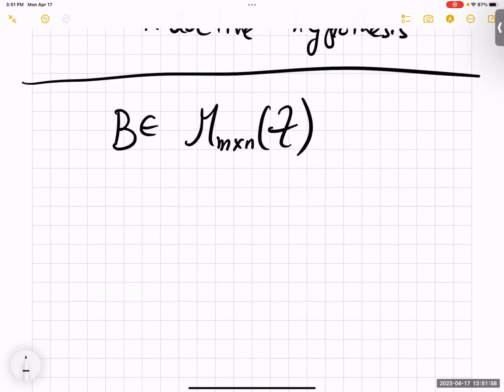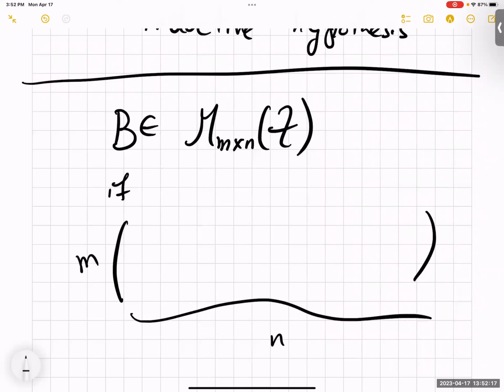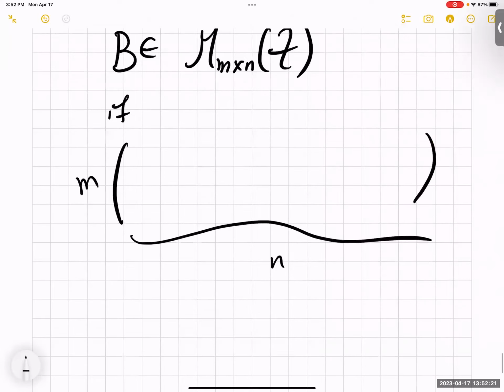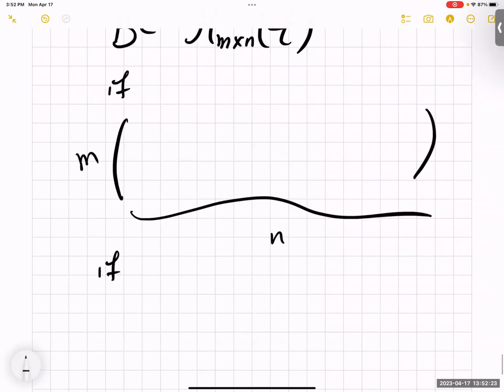Okay, so to get item 2, again, these are easy facts in linear algebra. B is like this matrix, M is less than N, so it's short and long.